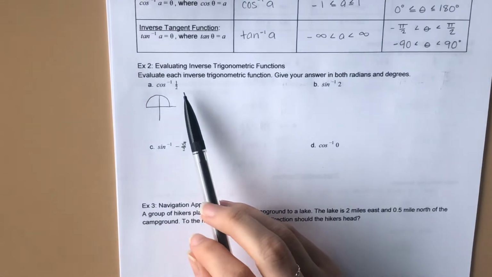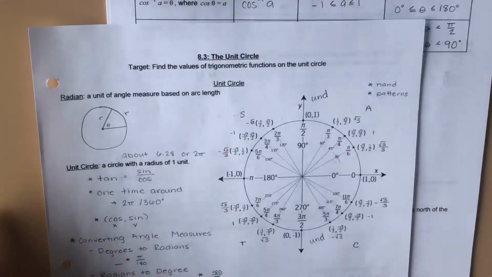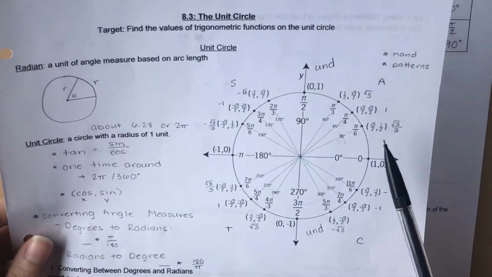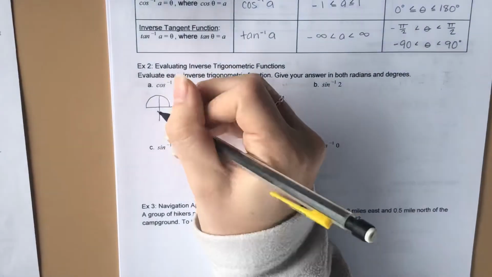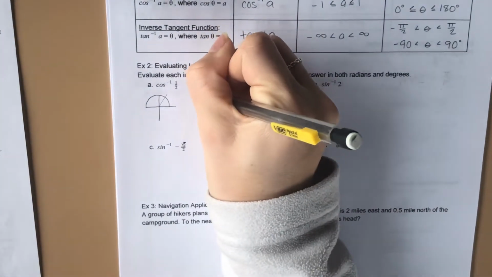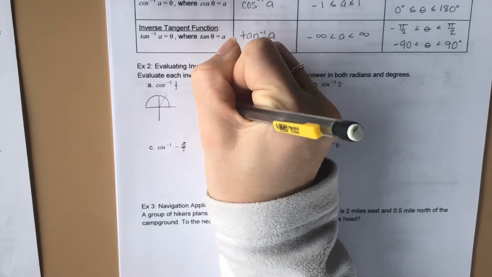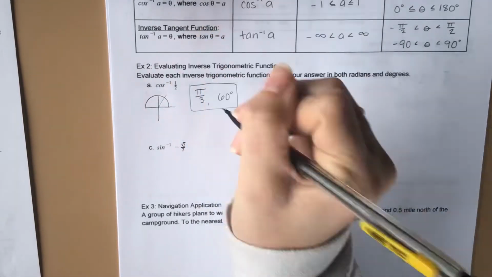So cosine being 1/2 is, if you look here on your unit circle, pi over 3 or 60 degrees. We really don't have to do any math because that does fall in our range, so we are good there. So I'm going to put pi over 3 and 60 degrees. Nice and simple.